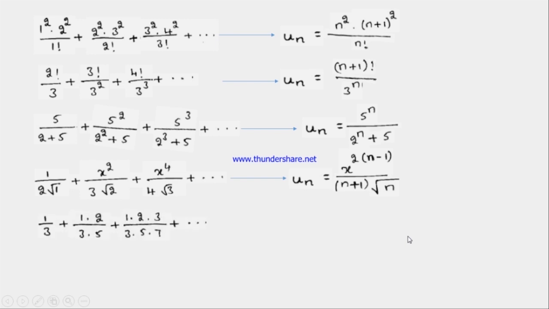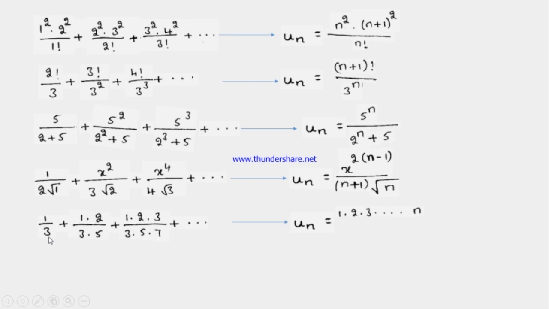Look at the next example. Here the numerator carries 1, second term 1 into 2, third term 1 into 2 into 3 and so on. So my un should be 1 into 2 into 3 and so on up to n. Now first term in the denominator ends with 3, and in the second term it ends with 5, third term it ends with 7.